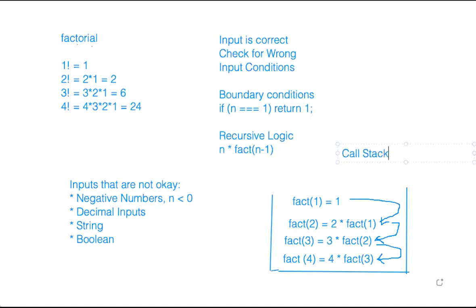Call stack. So a function is kept on another function and it is called. If another function is required, it is put on top of the stack. Ultimately, the stack gets solved one by one. The output of the first element is the input to the next one. So this is the recursion call stack that gets used.